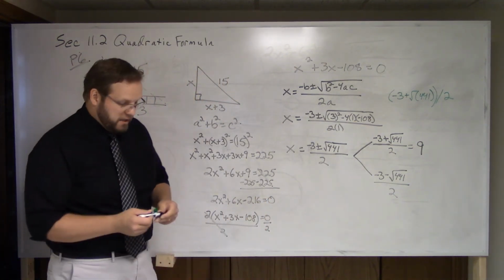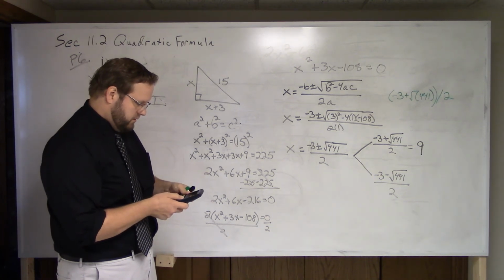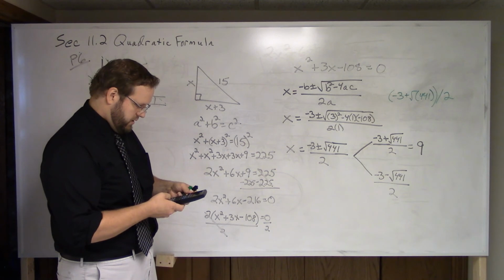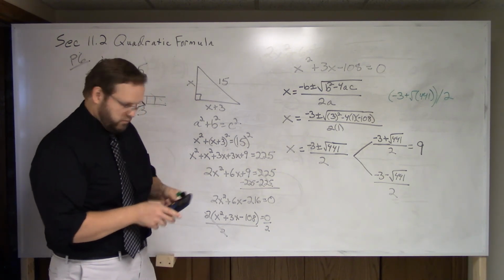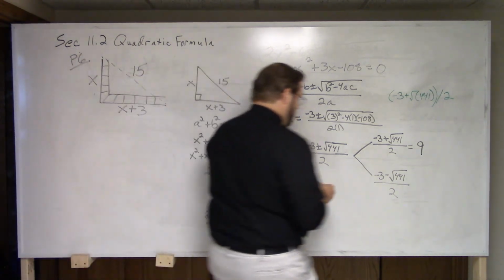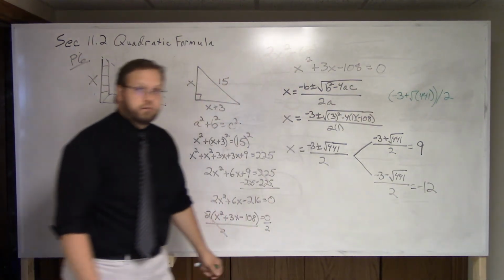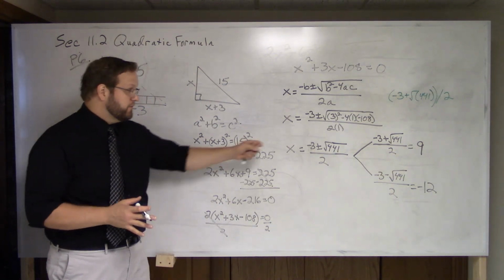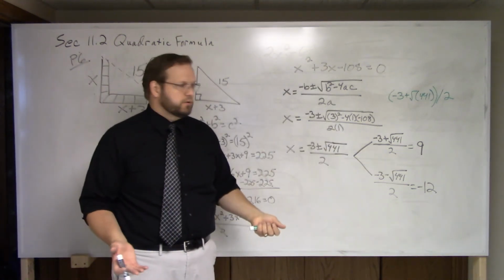Okay? And then if we wanted to do the other one, we would have what? Put the subtraction in there instead. And then again, divide by 2, we would have a -12. Okay? Now, again, these are two possible answers for x. If this was just a general quadratic, those would be our two answers.